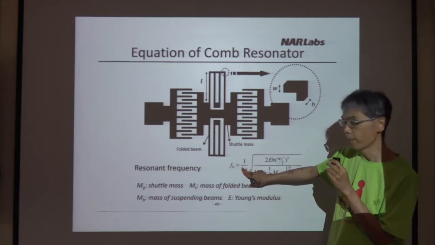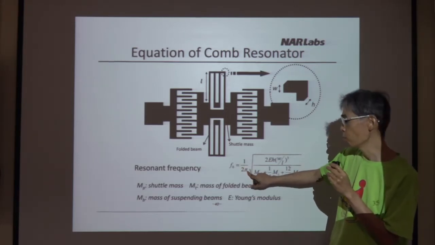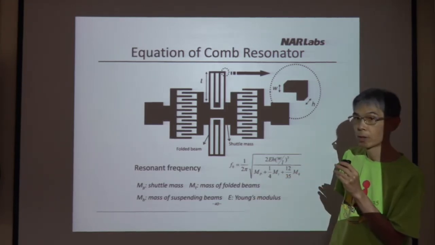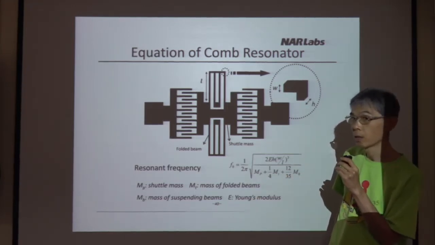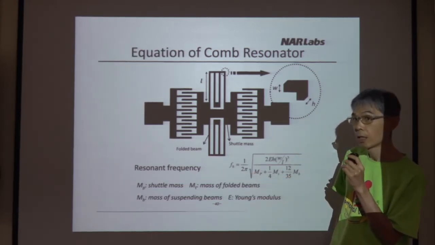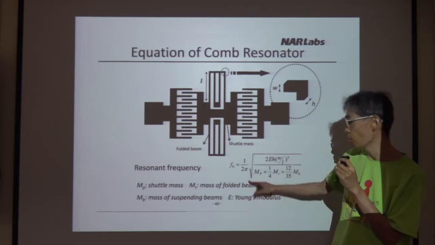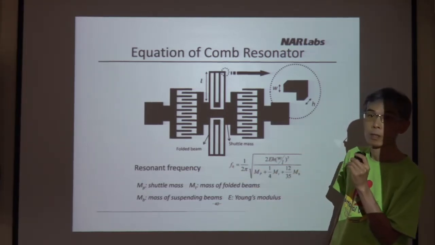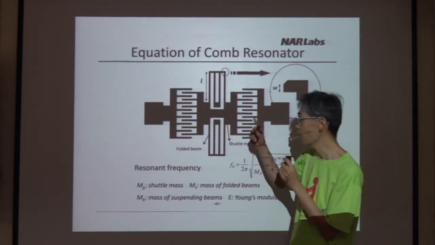Okay, radian per second. With 2 pi, the unit becomes what? With 2 pi, what's the unit of F0? The unit will be hertz. Okay, hertz. Next page.